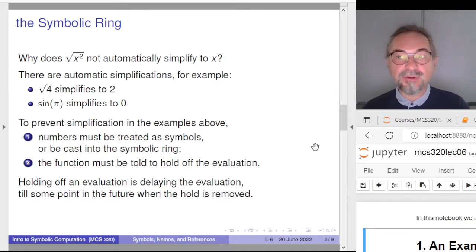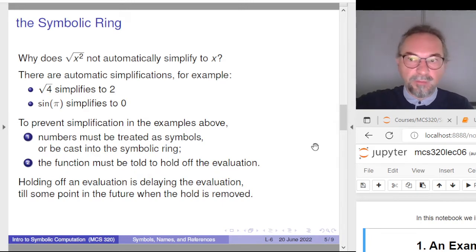We started this course, the first symbolic computation that we did was the sine of pi. And that was a clear example of an application of a function, the sine function, to a symbol. And that simplifies to 0. Now, it may be that we don't want this simplification, that we just want the expression, the sine of pi.